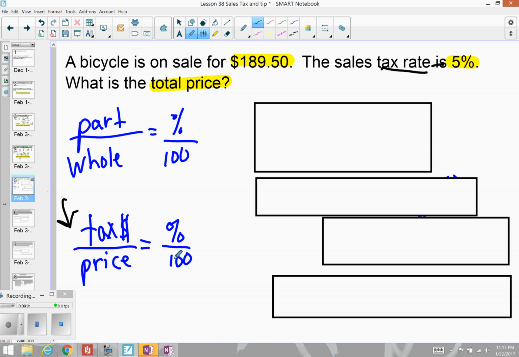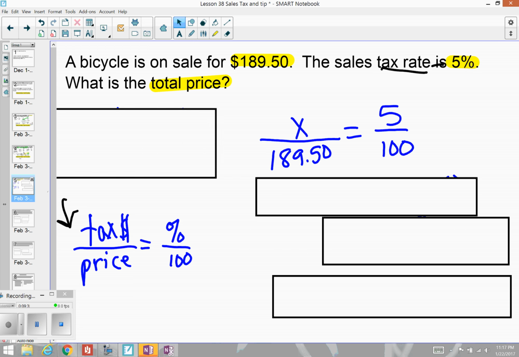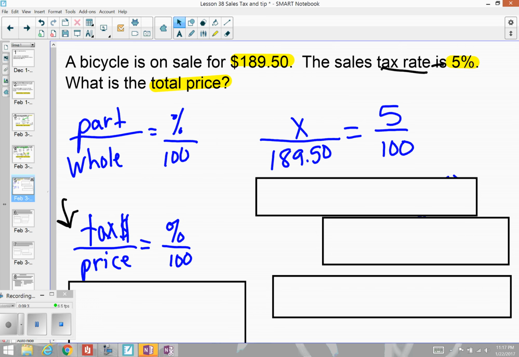So how should we set this up? Well, here we have x over $189.50 is equal to our 5% out of 100. Again, we don't know how much we're paying in taxes, and this is the price of our bicycle.